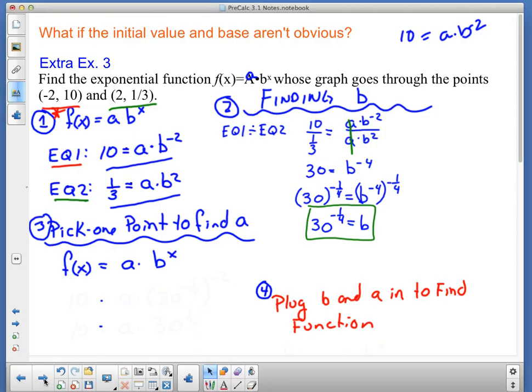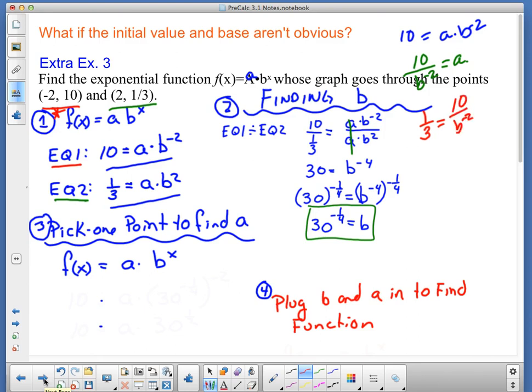Okay, so if I do this, I already know that a is equal to 10 over b to the negative 2. Are you in agreement that a is equal to that? Well, where I see that in my other equation, my 1/3 equals my a value of 10 over b to the negative 2, times b squared.